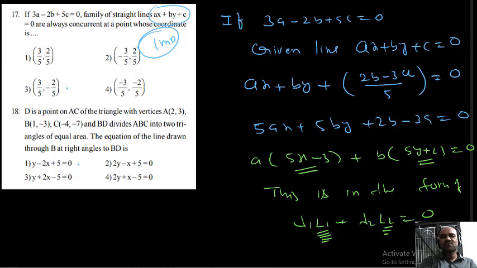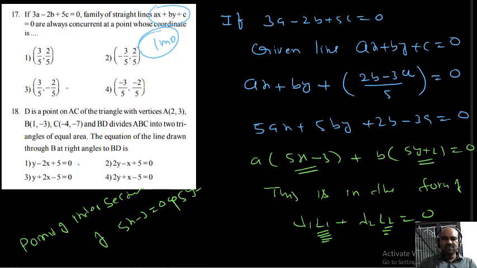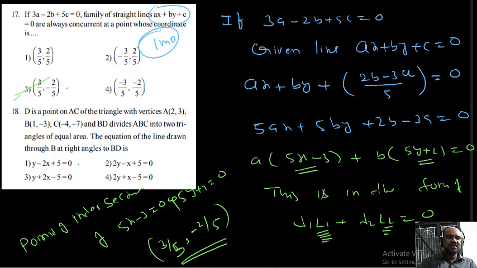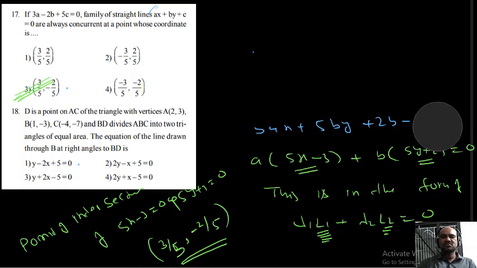It is the point of intersection of 5x minus 3 equal to 0 and 5y plus 2 equal to 0. Just solve them: x equal to 3 by 5 and y equal to minus 2 by 5. So the point of concurrency is 3 by 5 comma minus 2 by 5. I can say 3 is the correct answer to the problem. Important model, student, this one.